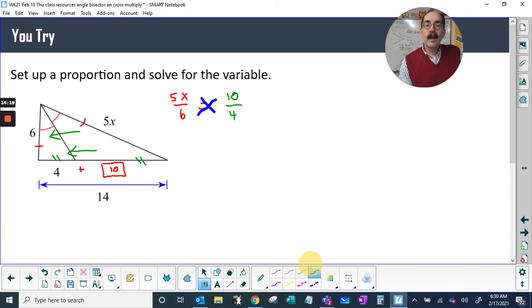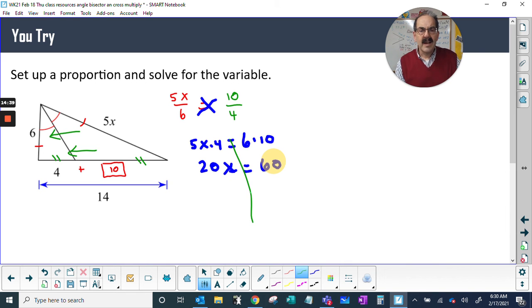And we have 5x times 4 is equal to 6 times 10. 20x is equal to 60. Okay? And now we got to divide that out. The opposite of multiply is divide. X equals 3.